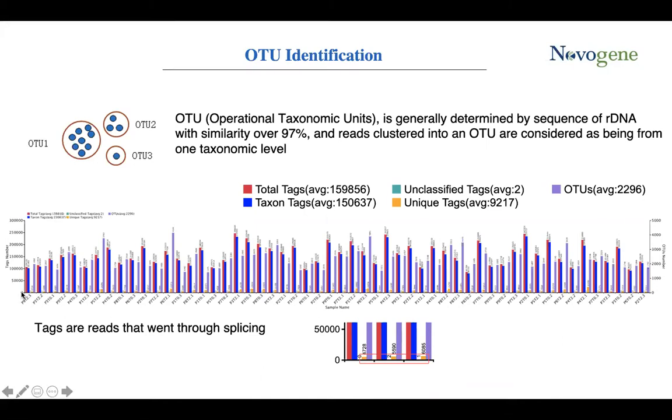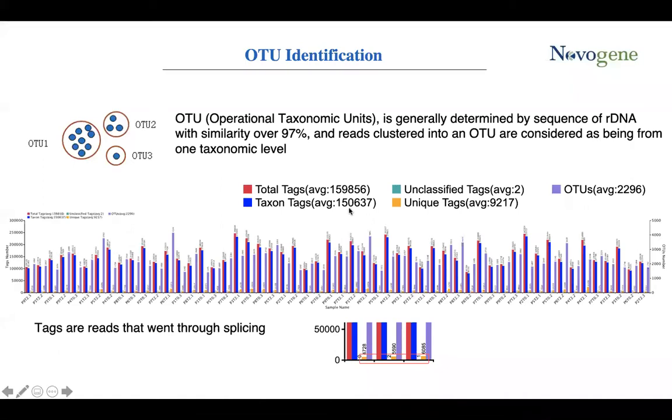And the summarization is shown in this figure. The Y1 axis here to the left is the number of tags, and the x-axis is the sample name, and the Y2 axis titled OTU numbers means the number of OTUs, which is displayed in this purple bar. You can see here the purple bar identifies the numbers of OTUs in different samples.